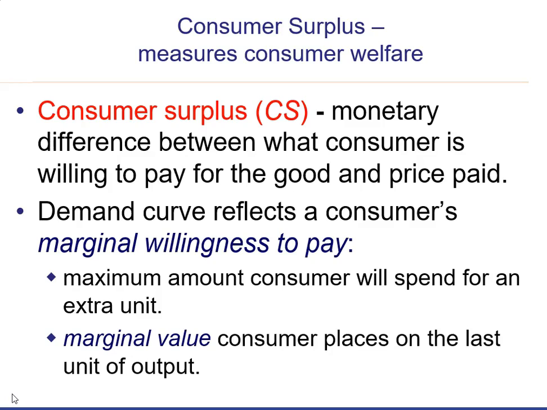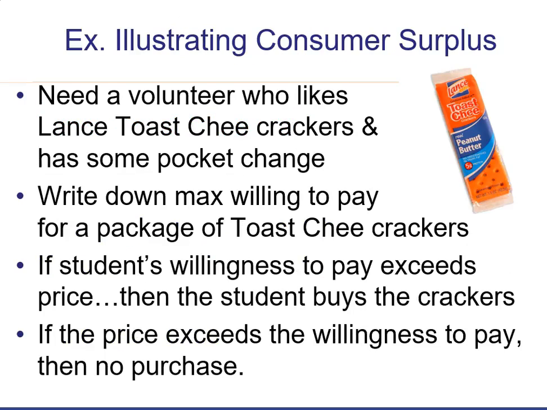So each additional unit you're willing to pay a little less for. The first t-shirt is more valuable to you than the second t-shirt, for example. And so this is the marginal valuation of the item that a consumer places on the last unit of output that is produced. So here's an illustration of this.